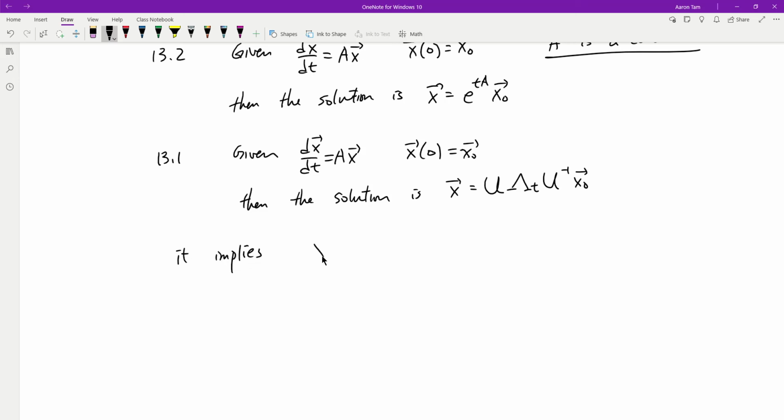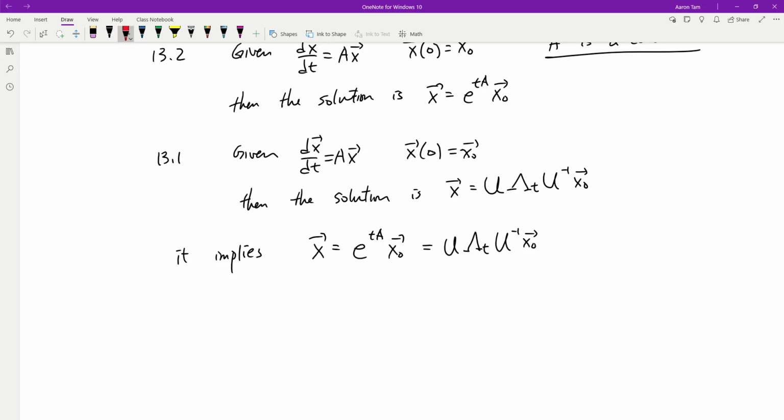It implies vector x must equal e to the tA vector x sub 0, which also must equal U e to the lambda t U inverse times x sub 0.